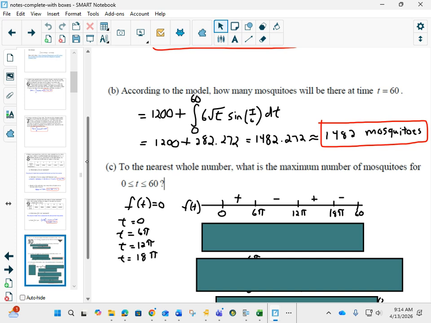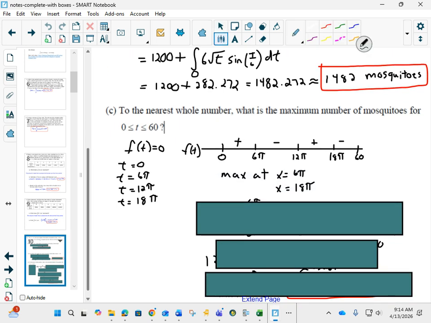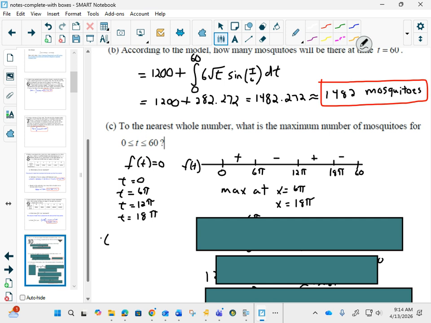So we would take our original function, set it equal to 0, and since you know that sine is equal to 0 at 0, pi, 2 pi, we could just set that t over 6 has to equal 0, pi, 2 pi, 3 pi, and so on.